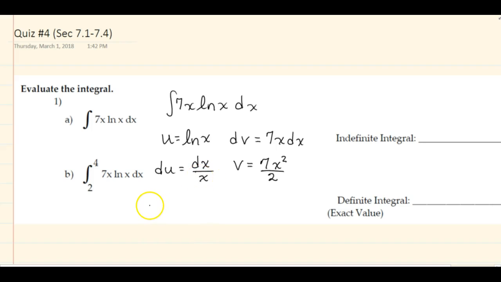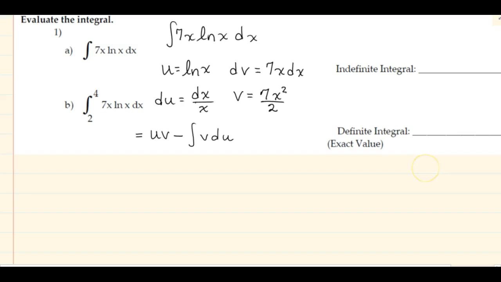From here, we're going to use our formula that says that the integration will be uv minus the integral of v du. So let's do that. By substitution, we're going to have the natural log of x, that's our u, times 7x squared over 2, minus the integration of v, which is 7x squared over 2, times du, and du is dx over x.